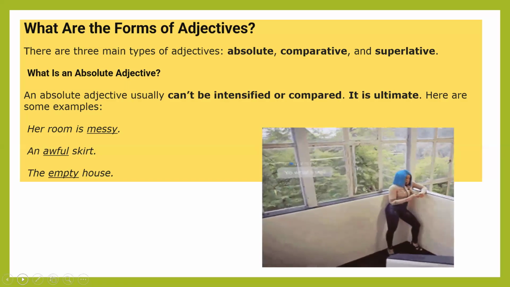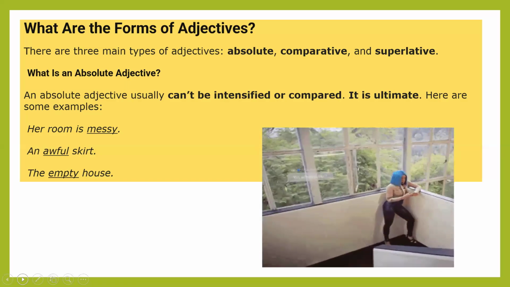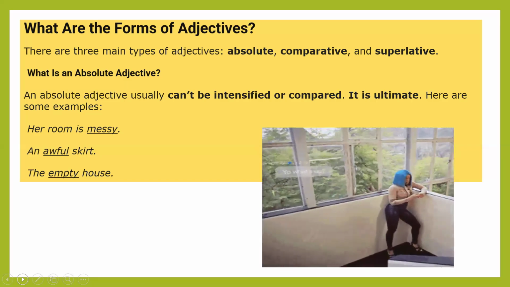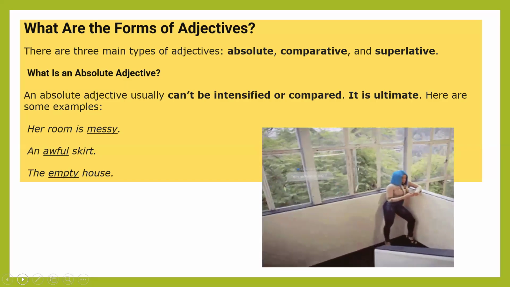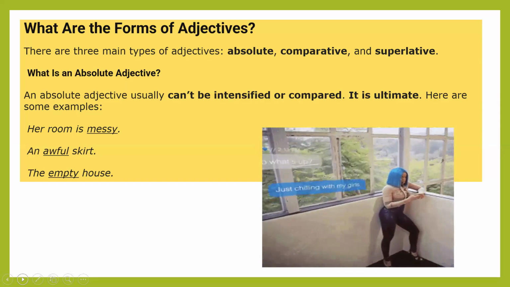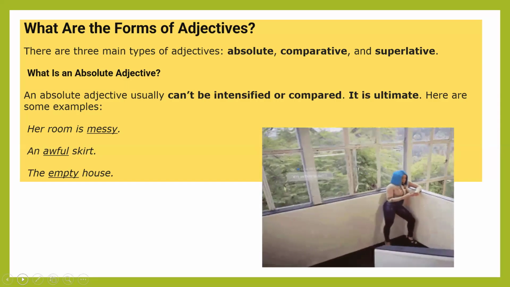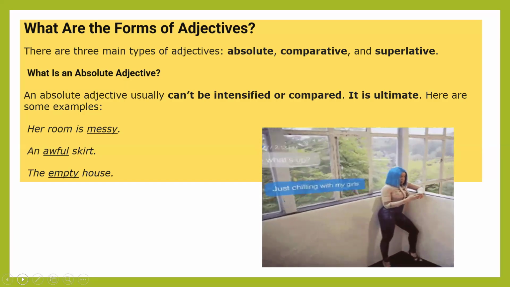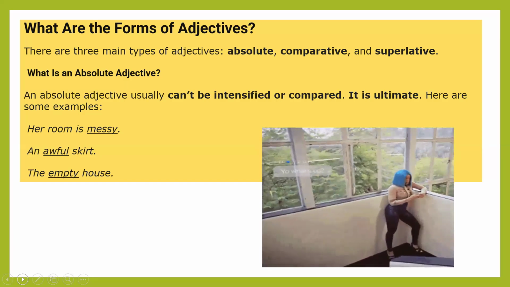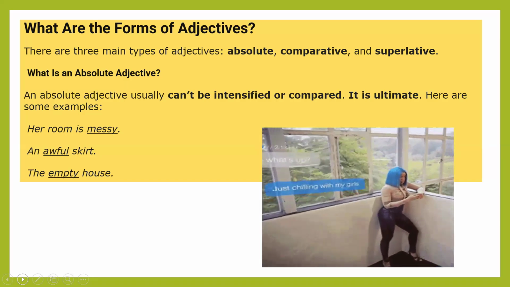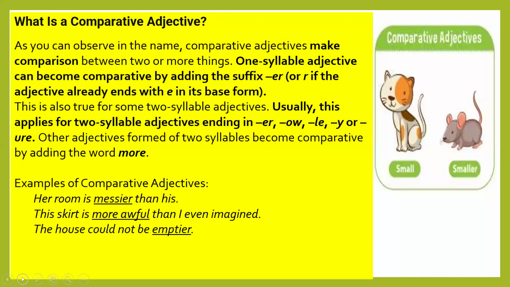The empty house: it is an ultimate word given about any subject. So empty is an absolute adjective. An absolute adjective usually cannot be intensified or compared. It is ultimate, it is final. These few examples are given.